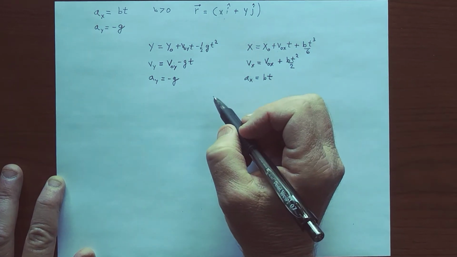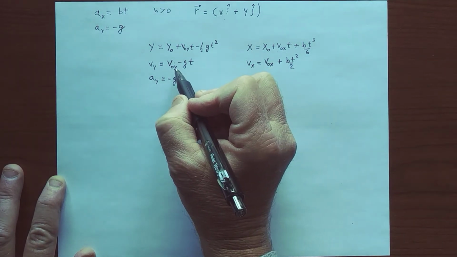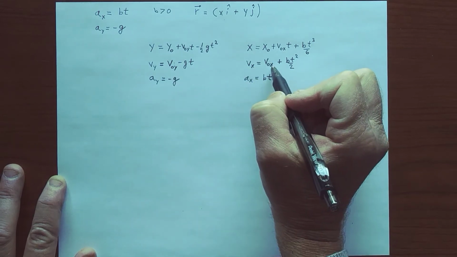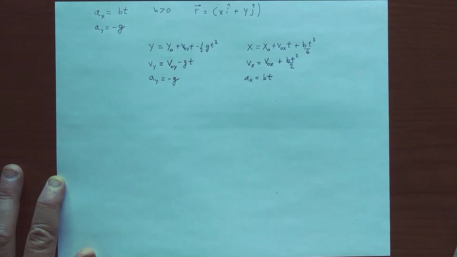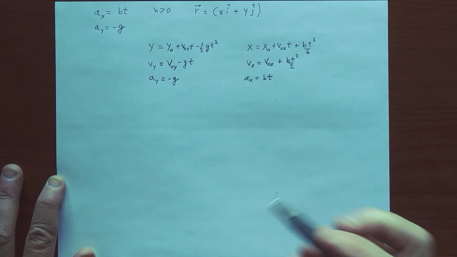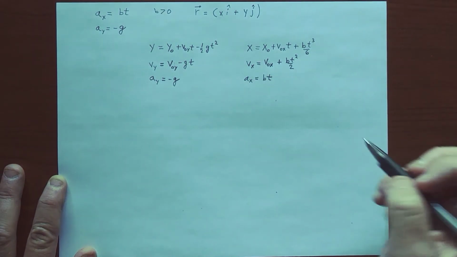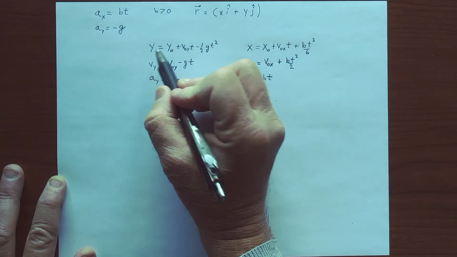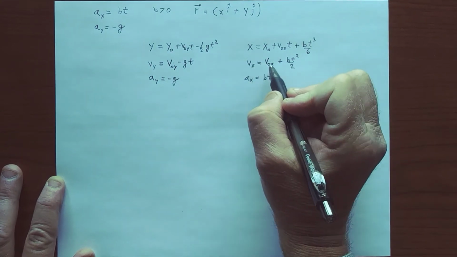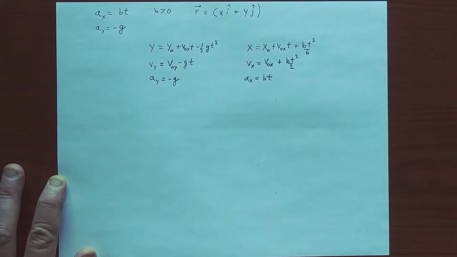We have to also give values to v naught x, v naught y, y naught, and x naught. In other words, we have to specify things. We have to give conditions at certain times, and in this case, these times correspond to t equals 0, because at t equals 0, this becomes that, this becomes that, this becomes that, and this becomes that, right?